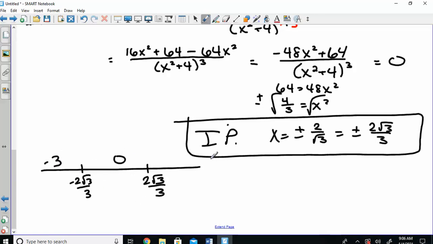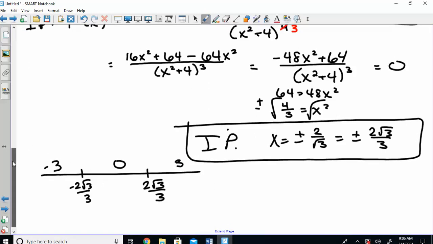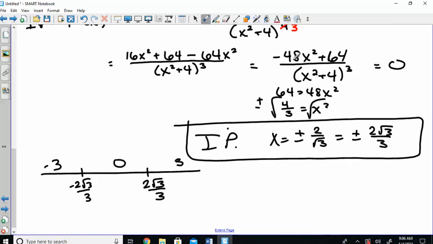In between them, maybe a 0. Bigger, maybe a 3. Where do I plug these in? Second derivative. Okay, so if I put in a negative 3, the top is negative, the bottom's positive. If I put in 0, positive over positive. Put in a 3, negative over positive.